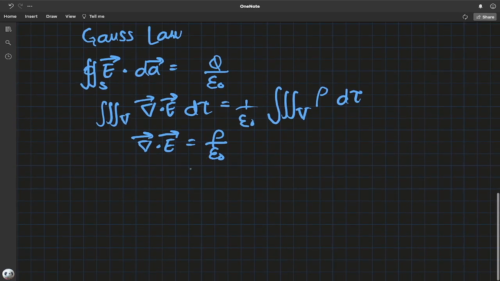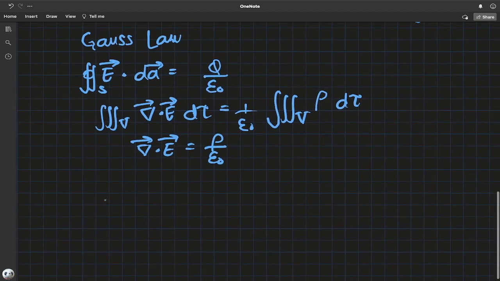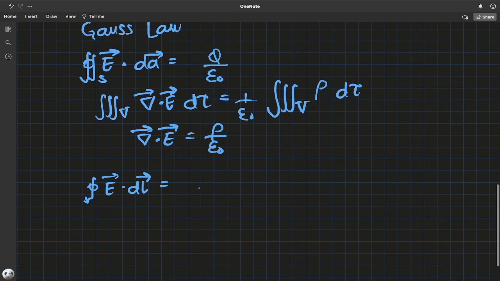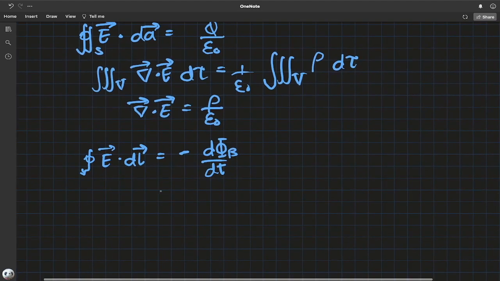We can do this also for the closed loop integral of E dot dl, which we know is simply negative d phi over dt, phi being the magnetic flux.